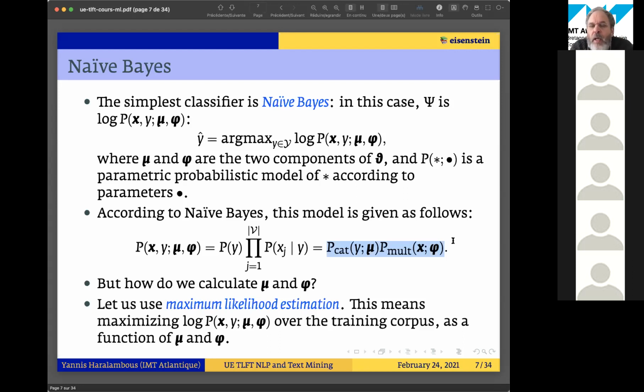So it's not strict, it's not deterministic. But if we manage to find values of mu and phi that give the highest probability for the whole training corpus, then we can use these values for predictions. So whatever knowledge we get from the training corpus, and this knowledge are the values of mu and phi, we can use to make predictions.